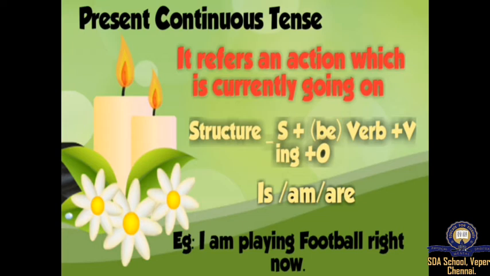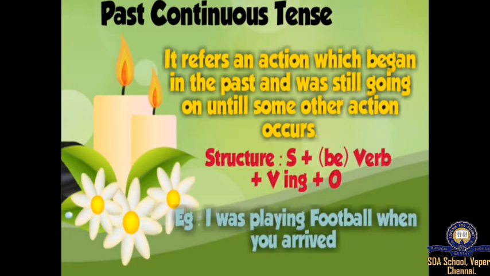Now, let's move into the next one. It's past continuous tense. Let's see the definition. It refers to an action which began in the past and was still going on until some other action occurred.